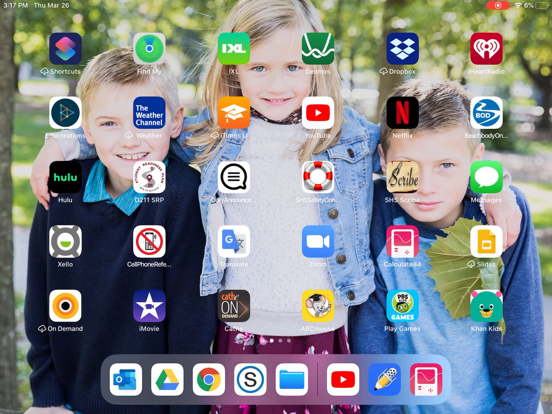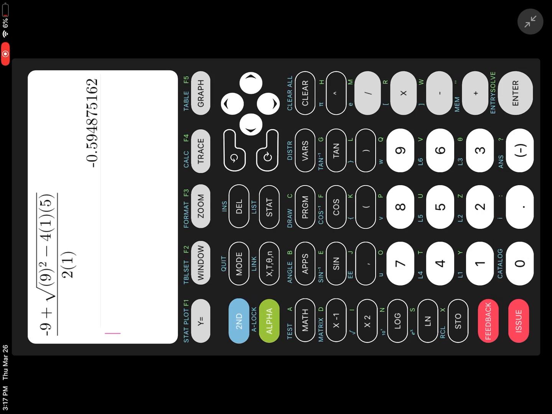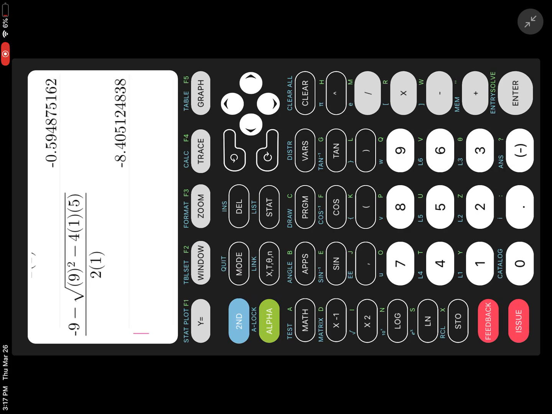Next, we're going to go back to our calculator and do the same problem, but this time we have to change it to a negative sign. So negative 9 minus the square root, and then we have our 9 squared minus 4 times a times c, and it's all going to be over 2 times 1.